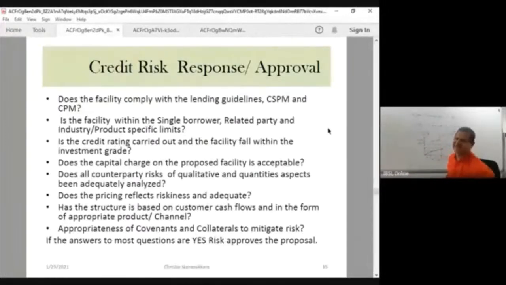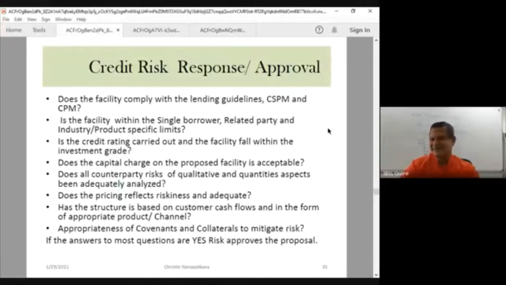Now I'm moving to response. Response is its approval or decline. So you check whether the facility complied with the lending guidelines in your credit policy or procedure manual. The credit risk department needs to see whether a facility is given to a politically exposed person. If your bank's policy manual says all politically exposed persons' facilities have to be approved by the board, you just have to mention that this facility needs to be taken to the board level for approval.